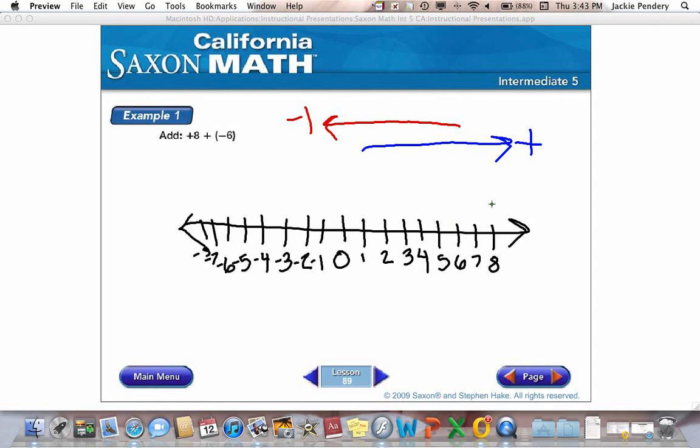Okay, so we're going to start here at positive 8 plus negative 6. So even though it's plus, I'm going negative. Okay, we're just going negative.